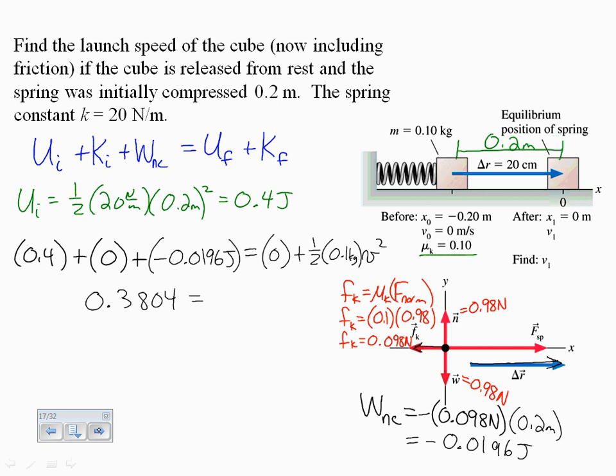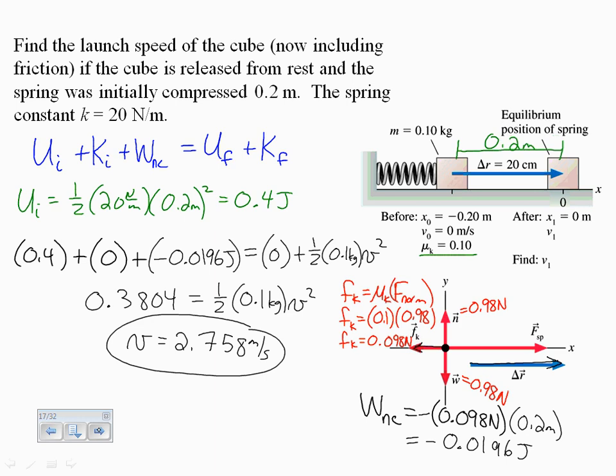And that energy is all kinetic energy. So it's 1/2 times 0.1 kilograms times the speed squared. So if we solve for that speed, we get a speed of 2.758 meters per second.